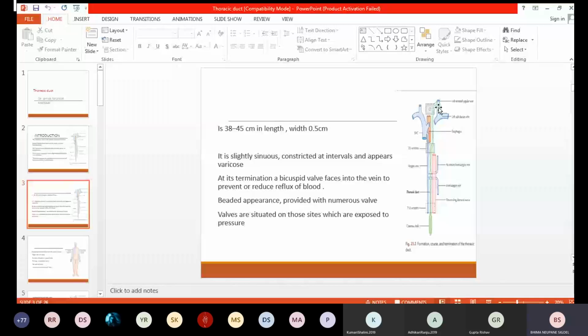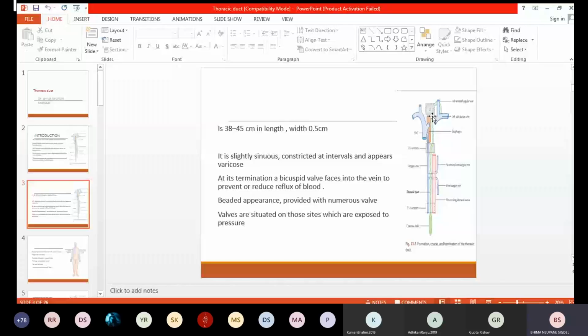Two cusps are there, and the valve faces into the vein only, so that whatever fluid has entered, that milky white fluid, after entering into this venous channel at the junction of the internal jugular vein and the left subclavian vein, shouldn't be regurgitated again into the lymphatic channel. So before this there is a bicuspid valve which faces into the vein itself.